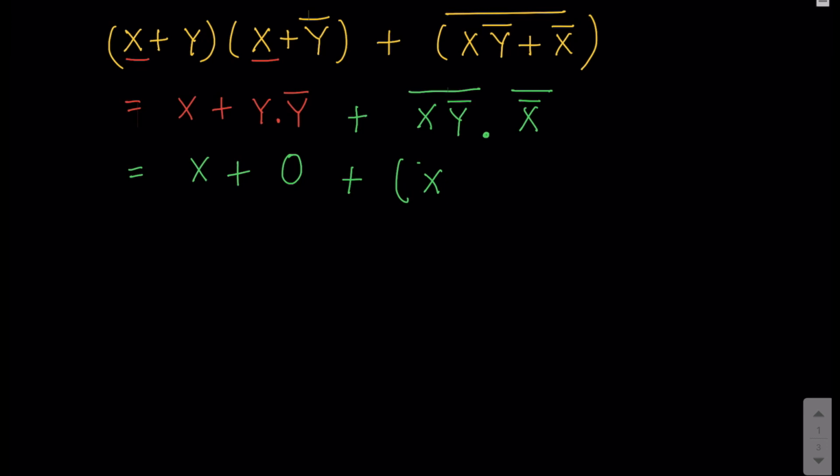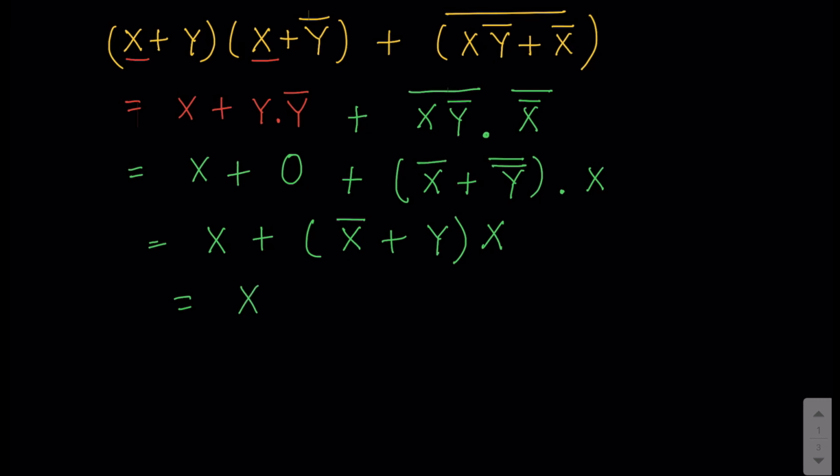So we have x bar plus with y double complement dot with x, because we know that double complement of a variable is the variable itself. So at the next stage we have x plus x bar plus y dot with x. Now you see that you can open up the brackets.